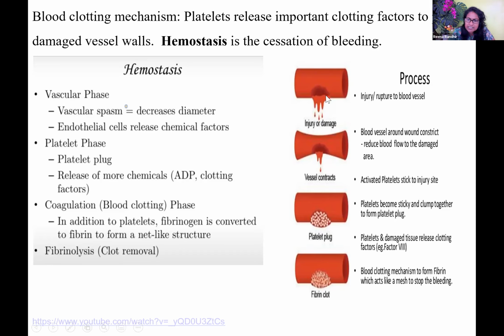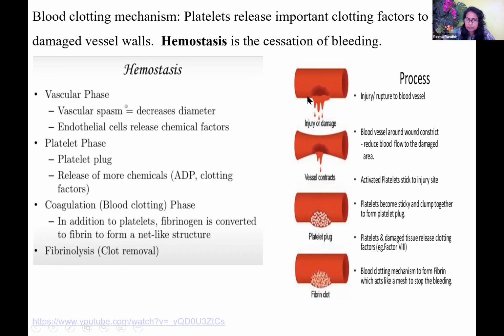And then all the epithelial cells will send out a distress cry: oh, there is an accident here, we are all broken. So they're releasing chemical factors. Those are happening in the vascular phase. In response to the factors, the platelets will rush to the site of injury.